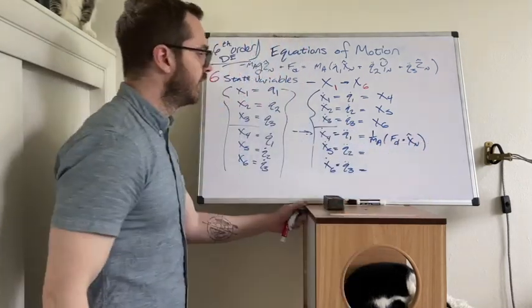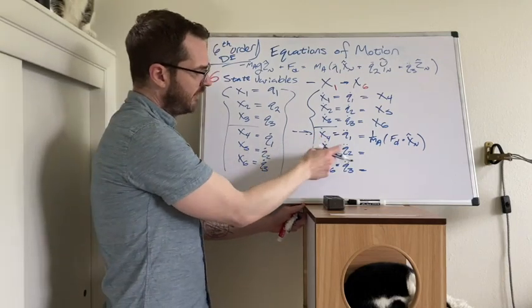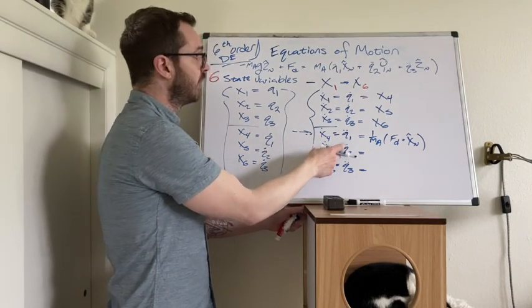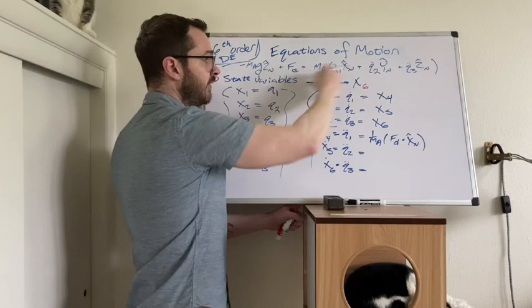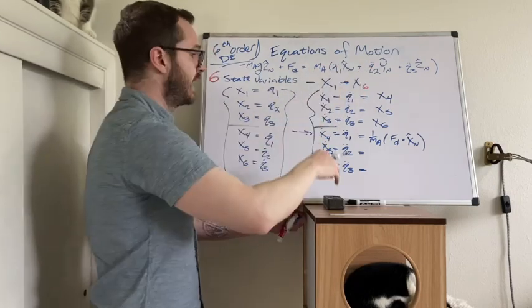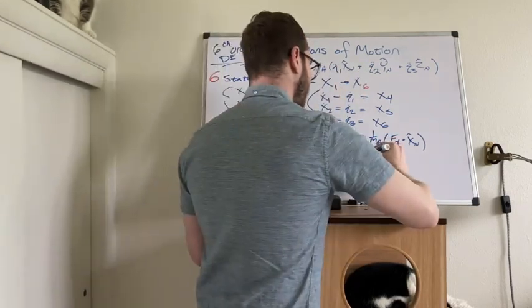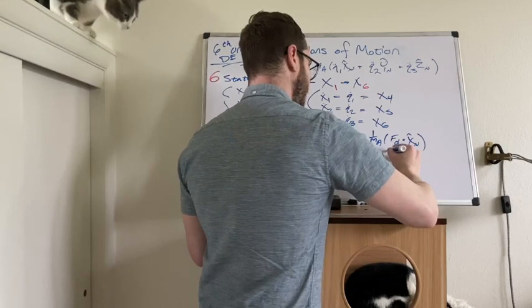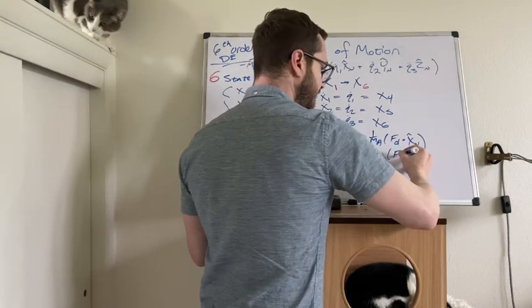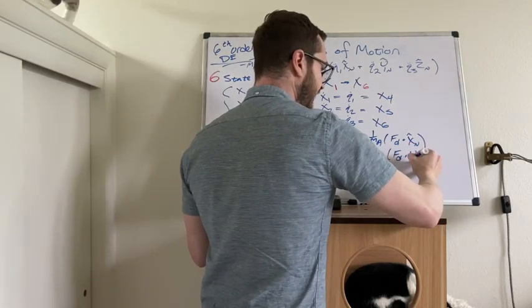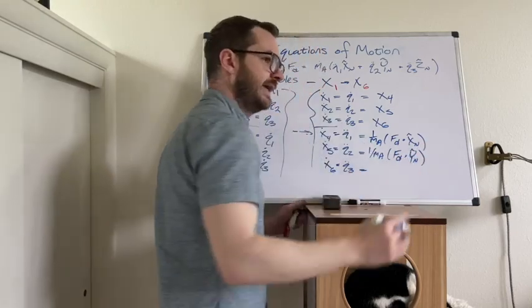x hat n. What's going to happen when we go to solve for q2 double dot? Well, same thing, right? We could take this equation and look at just the y hat n terms, and we will get 1 over ma fd dot yn.